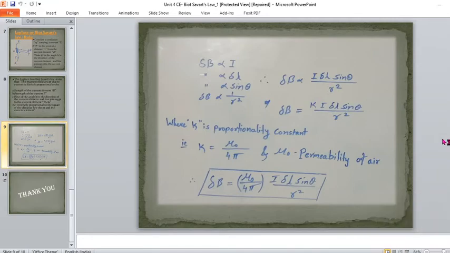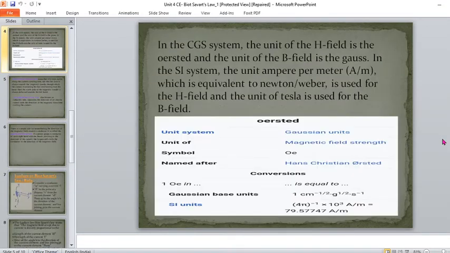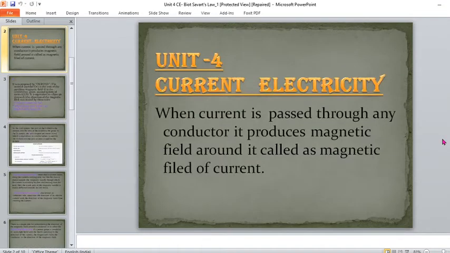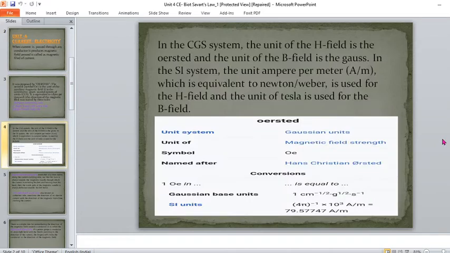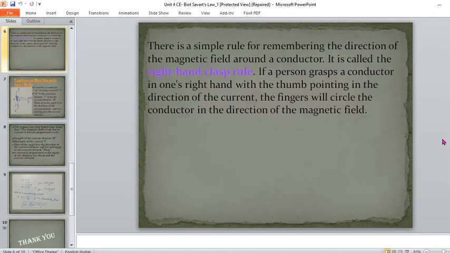Okay, so right now I will go through the previous class, what we have discussed there. In the previous class we discussed what electric current is and what Biot-Savart's law is, what the unit is and what the basic rules are: the swimming rule, the screw rule, and the right hand clasp rule.